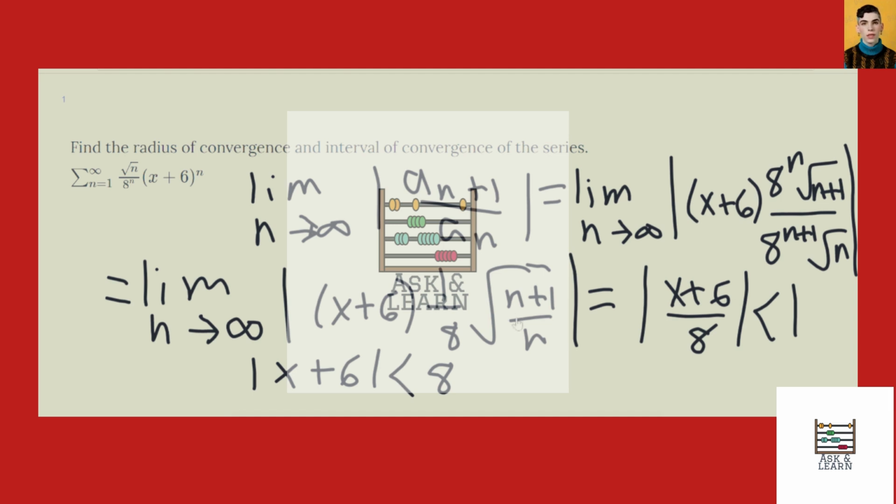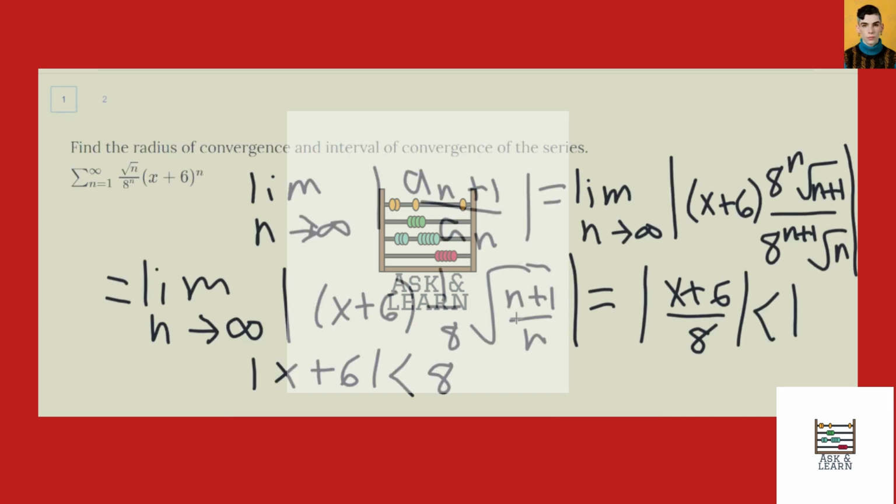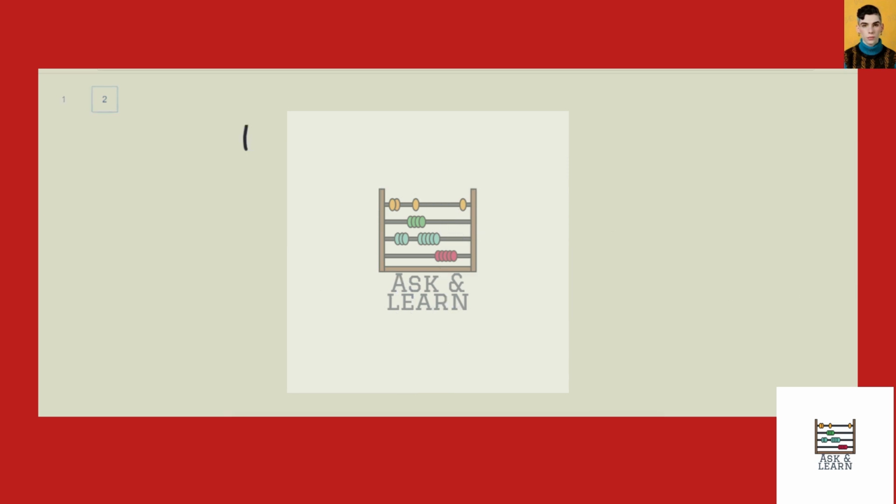And if you really want to be sure about it, if we have that the absolute value of x + 6 is less than 8, that's the same thing as saying that x + 6 is trapped between -8 and 8. If we have -8 less than x + 6 and we subtract 6 from both sides, we get -14.